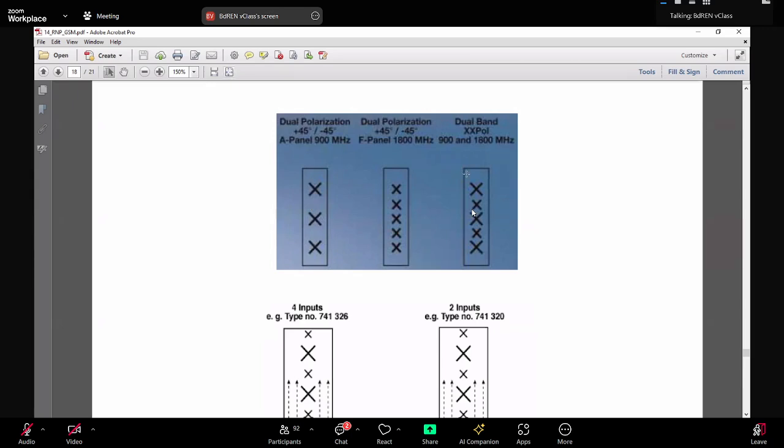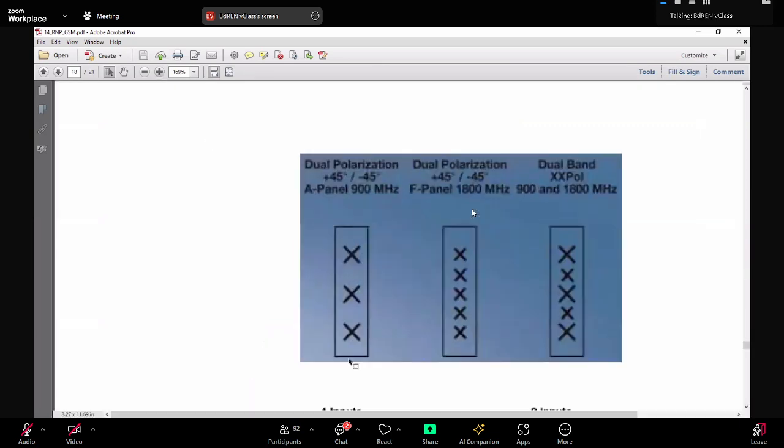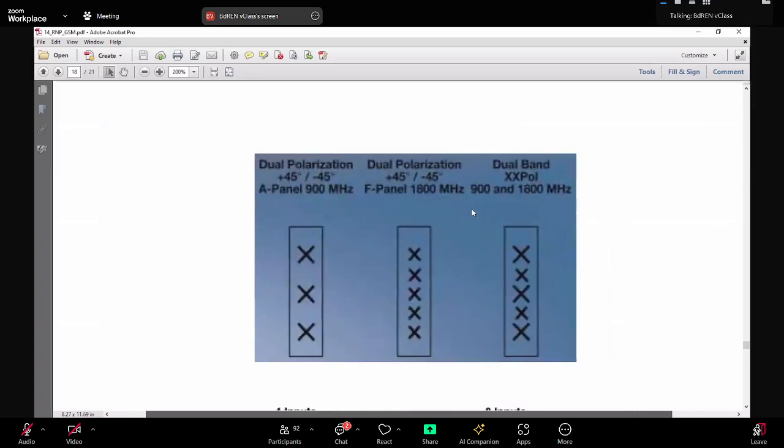In the middle casing, you have again antennas. So the left one is for the 900 band. For the middle one, you have actually antennas for a higher band, which is 1800. This is why the antenna elements are shorter.